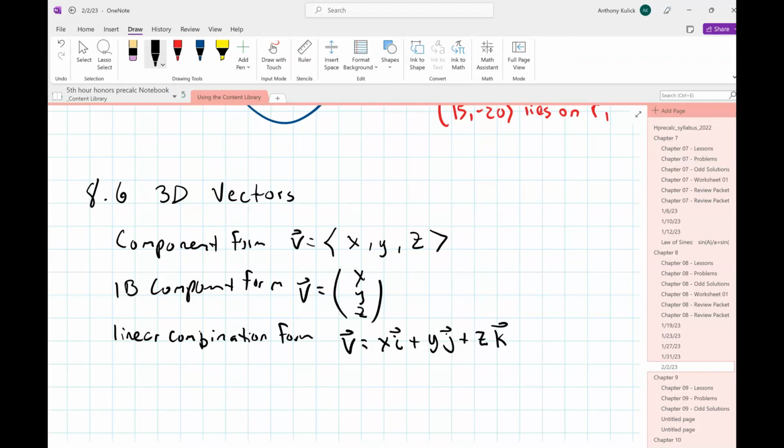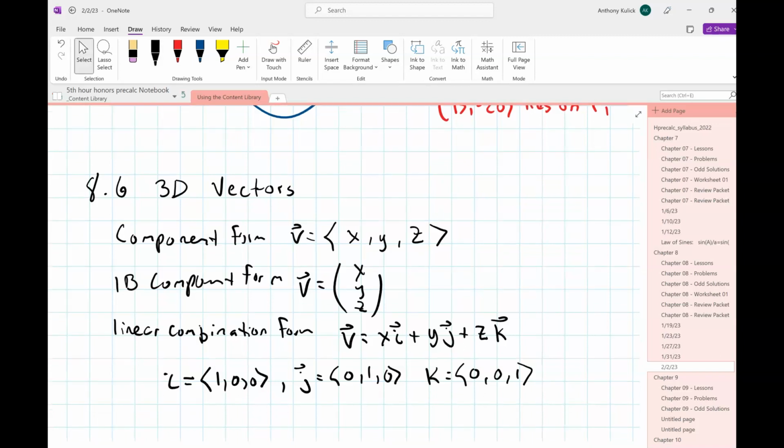Just the alphabet, you silly gooses. i, j, k, where i is the vector 1, 0, 0, j is the vector 0, 1, 0, and k is the vector 0, 0, 1. Everybody feel okay with this?